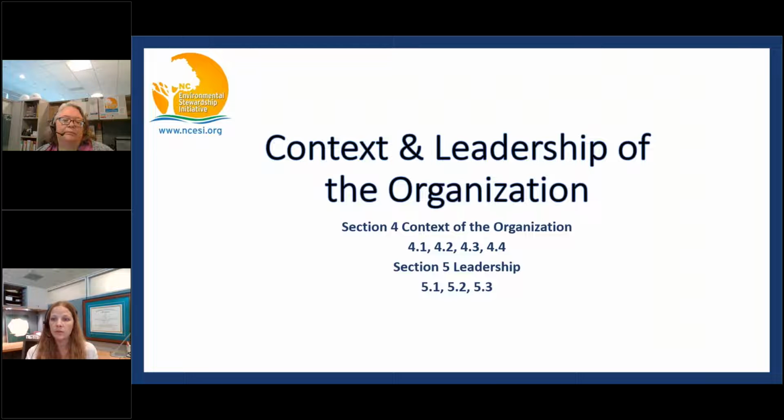It is the role of senior management to ensure that the policy is appropriate and provides a framework for setting objectives and energy targets, and includes a commitment to satisfy legal and other requirements and to continually improve. And then 5.3 is going to be your organizational roles and responsibilities.